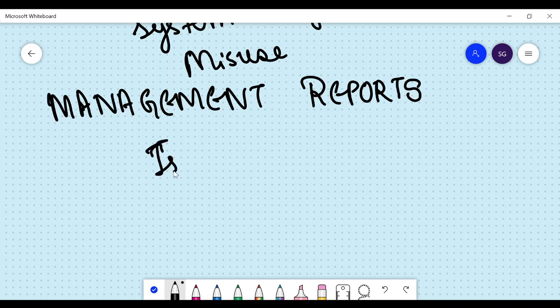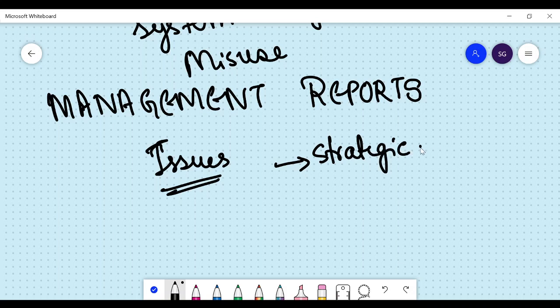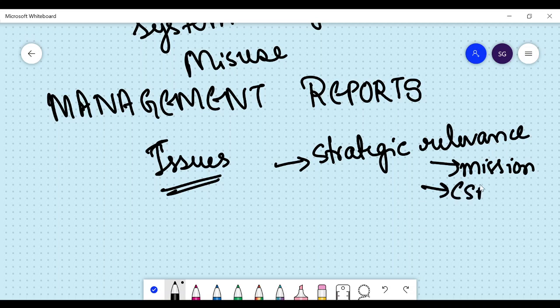The issues that come up when designing a performance report: we have to see the strategic relevance of the report, if it is relevant to the mission as per the critical success factors, and if it is consistent.